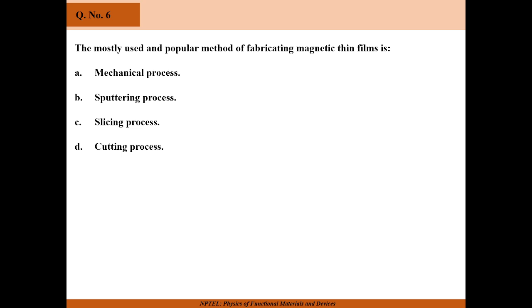So generally we use the sputtering process. What is the sputtering process?